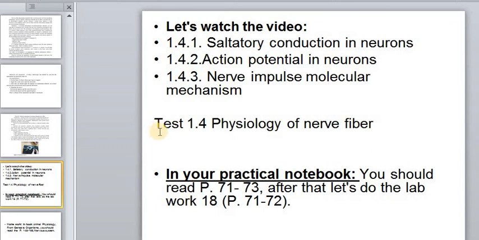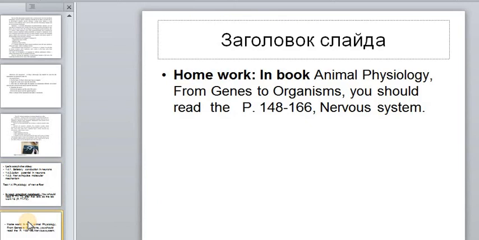Also, you have the next test on the physiology of nerve fiber, and in your practical book you should read the text of the lab works, and in your book Animal Physiology from Genes to Organisms, you should read the pages about the nervous system. See you later. Bye bye.